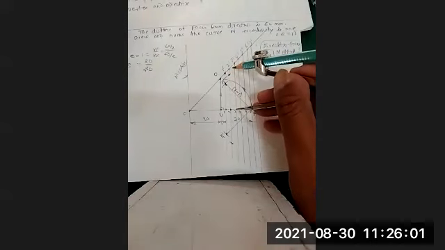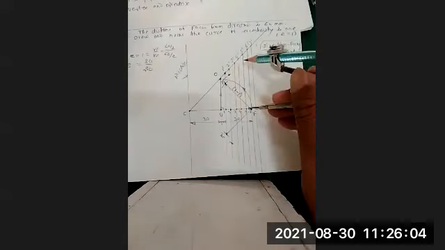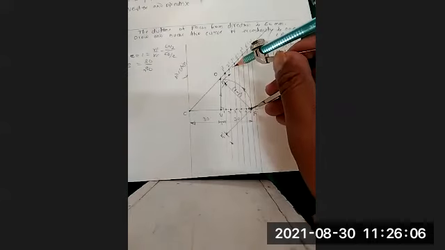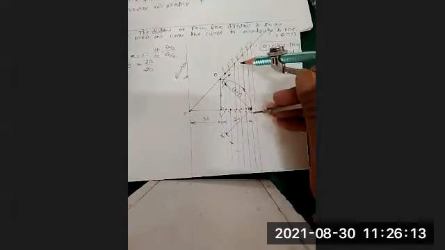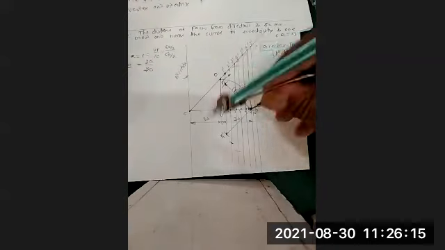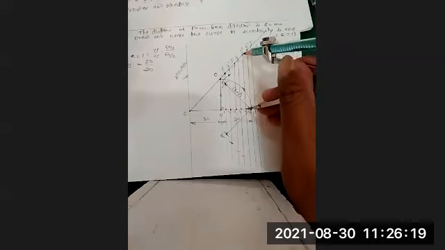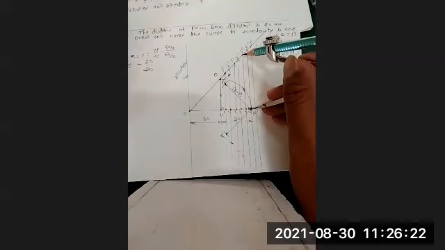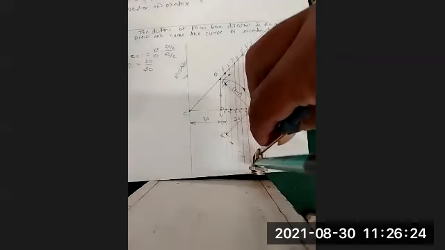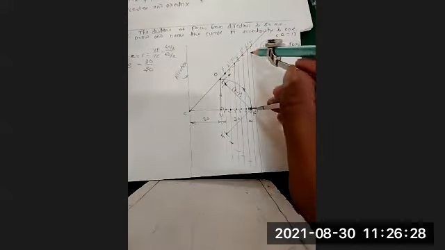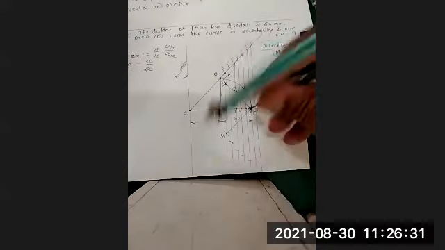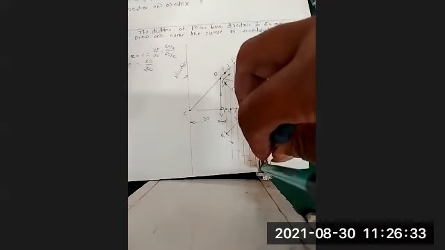Now I will do it fast because we are going to repeat the same. 4 to 4 dash. 5 to 5 dash. 6 to 6, the same point we are going to get because distance is same.